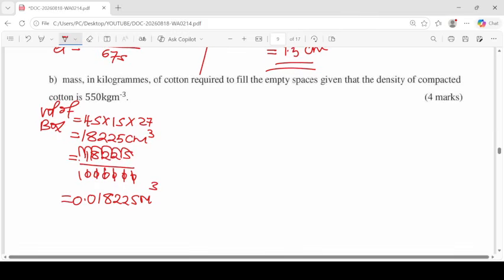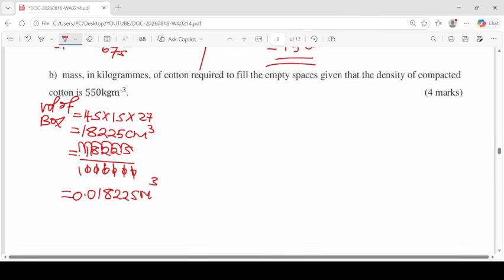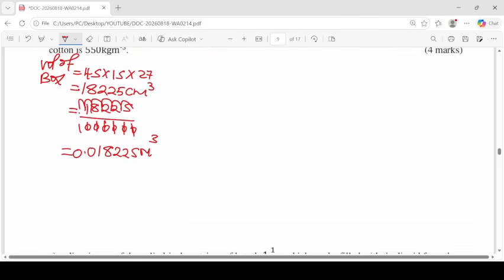So this is the volume of the box. Let us also calculate the volume of 675 spheres. It will be given by 675 times the volume of one sphere, which is 4/3 pi r cubed.